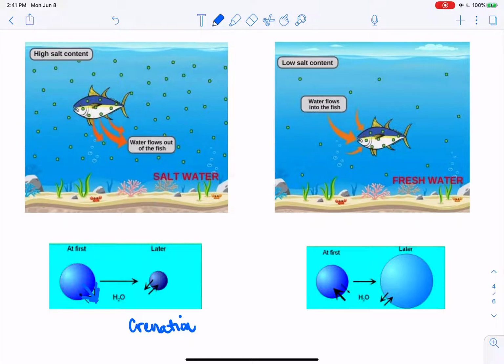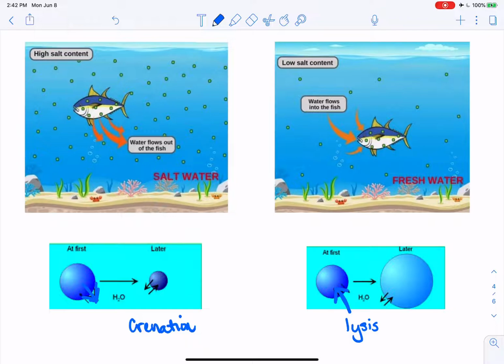Now, on the right-hand side, we have the freshwater fish. And in freshwater, you have low salt content. And so that means that there's a higher content of salt and other particles inside the cell, and that makes water want to rush into the cell. And the problem is that that can blow up the cell, and that's called lysis.